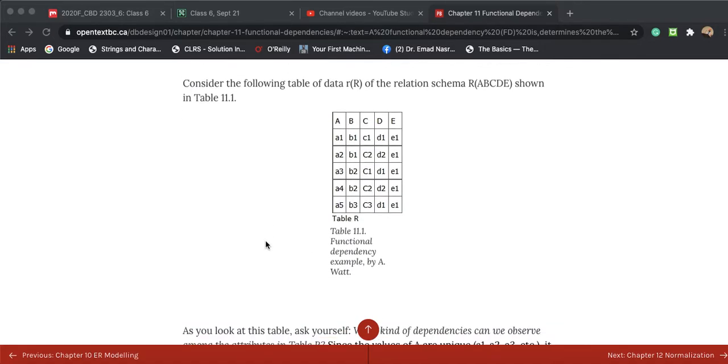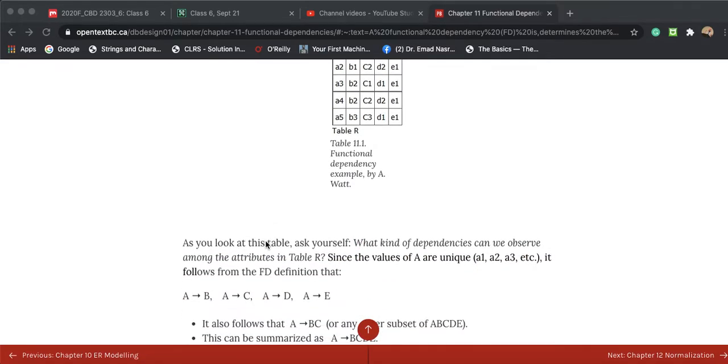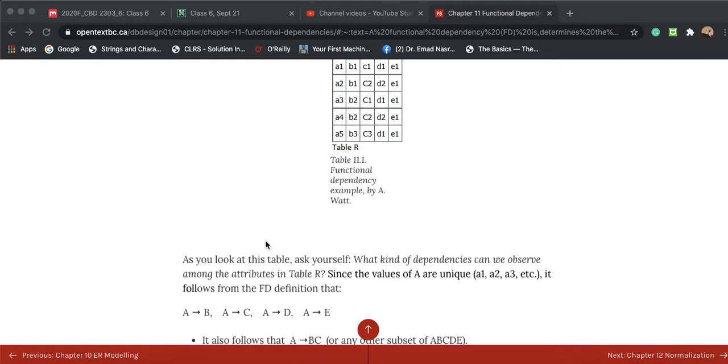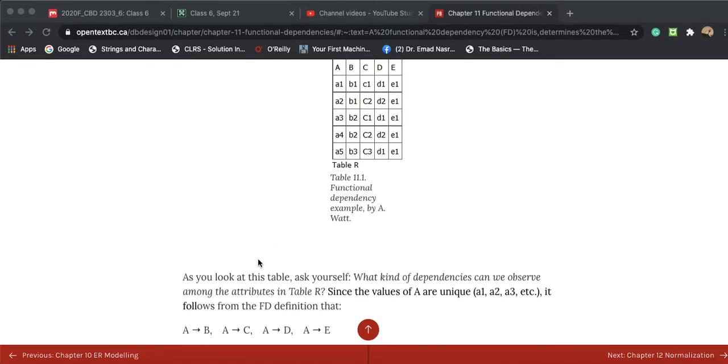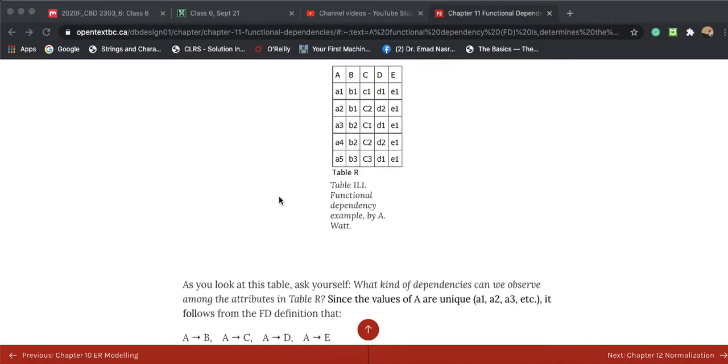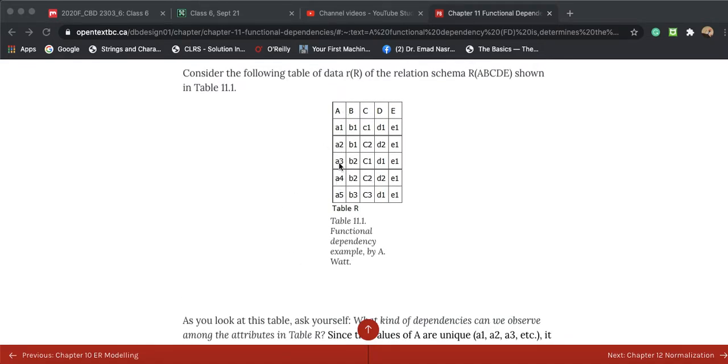Then what functional dependencies do we have? A to B, A to C, A to D, A to E. So it means A is the primary key. So when A1, we have B1. A2, we have B1. A3, we have B2.